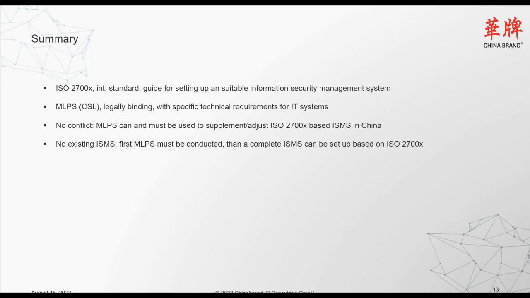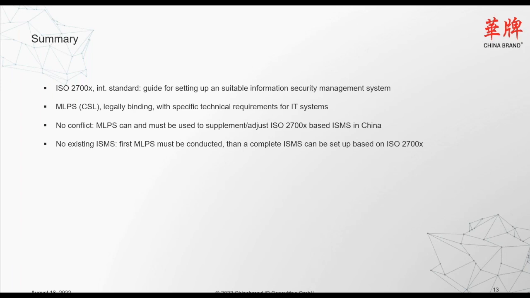So this is not optional. There must not be a conflict between MLPS and ISO 27000 based ISMS in China. As the MLPS goes more into technical details, you just have to find a way to implement this into your ISMS based on the ISO 27000. There must not be a conflict.